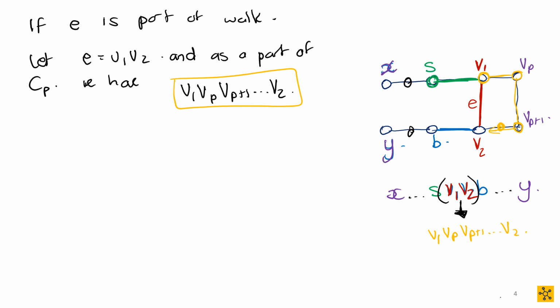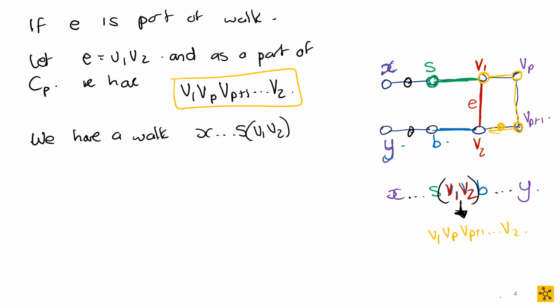So we say we have a walk. We can literally just say we have a walk X dot dot dot to S. So it could be XS, but it could be X and some other vertices all the way till we get to that point. And we're just going to write it as V1, V2 like that.